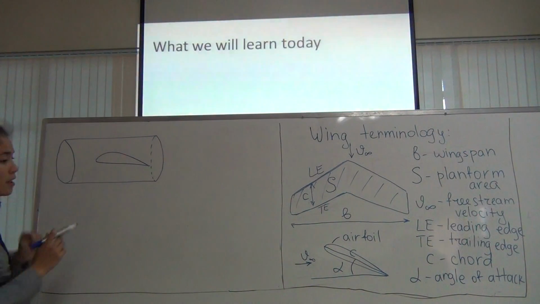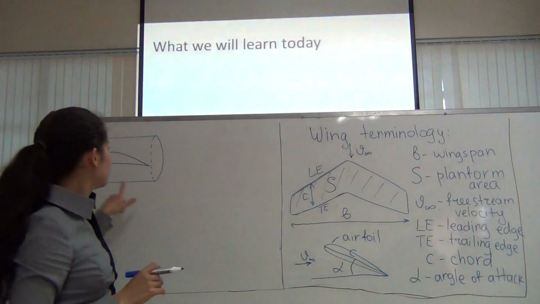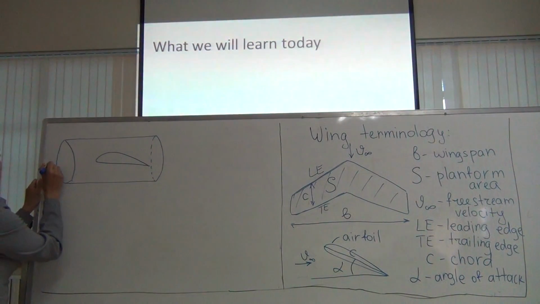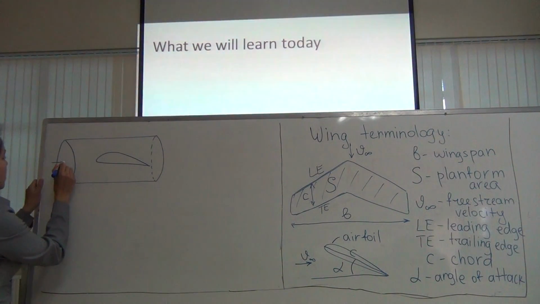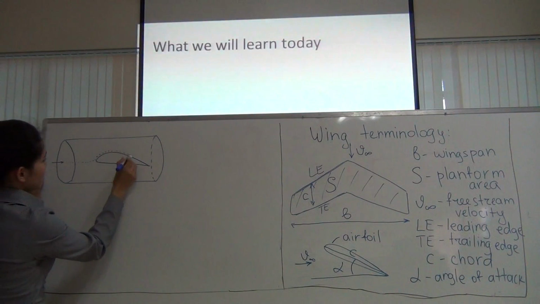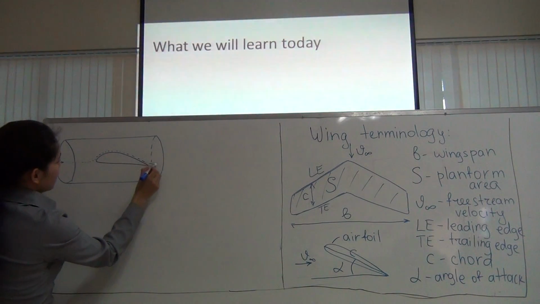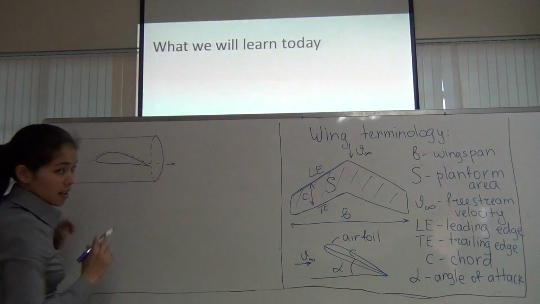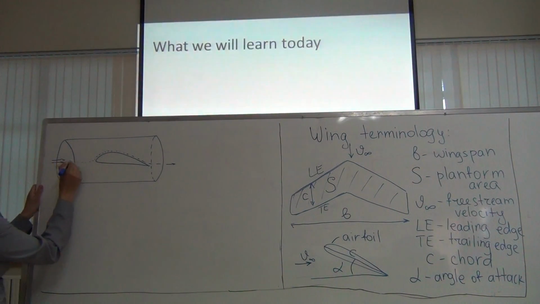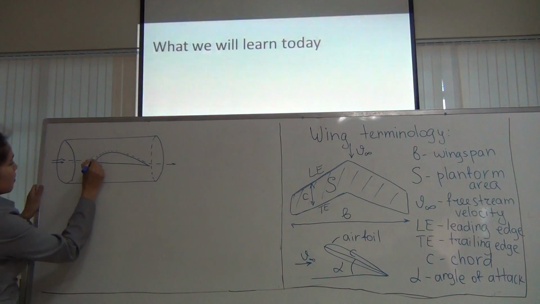So if we follow one particle in the wind tunnel, let's see what we have. One air particle comes here and goes around the airfoil and exits at the other side. And if we follow another particle, it will do exactly the same.